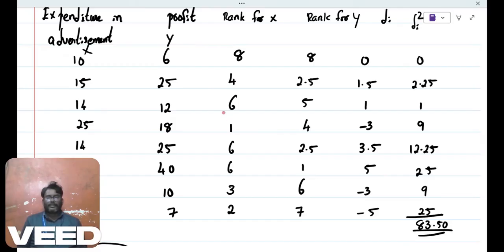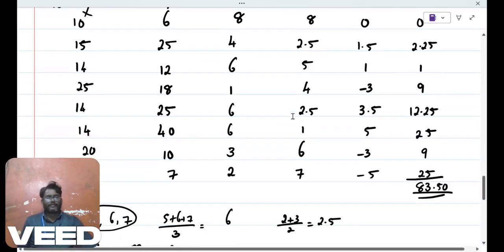After that, the next largest value will be 40. There are 3 14s in the data. Therefore, the ranks 5, 6, and 7 will be shared. So we take the average of the ranks 5 plus 6 plus 7, which is 18, divided by 3, which is 6.